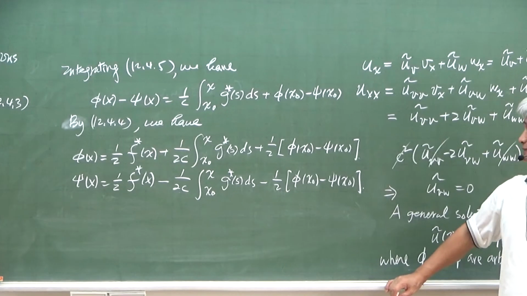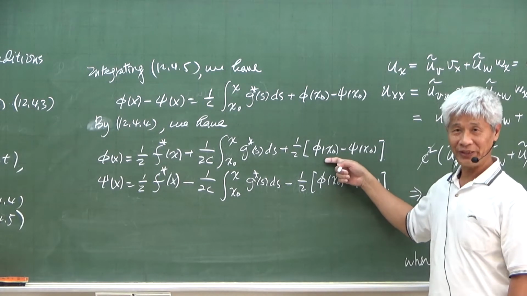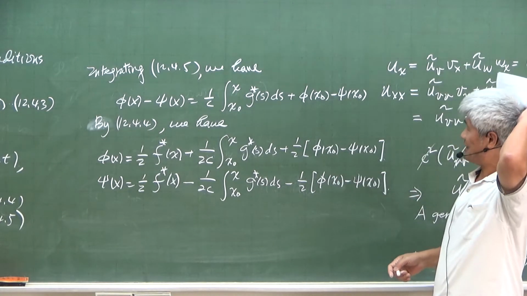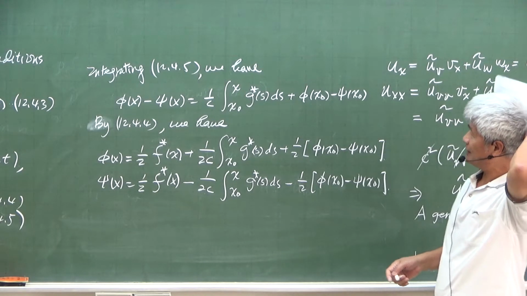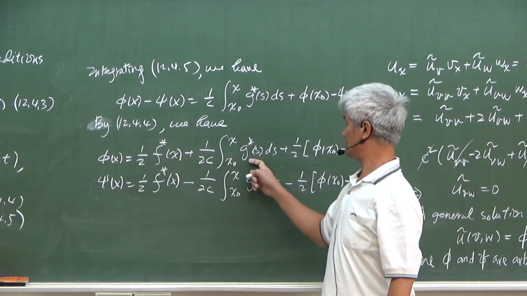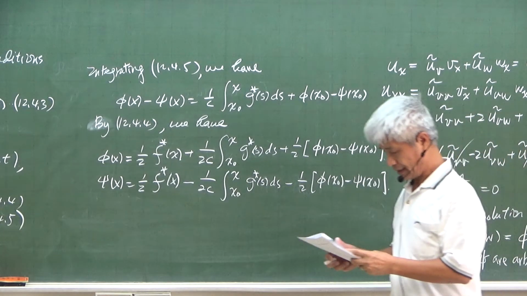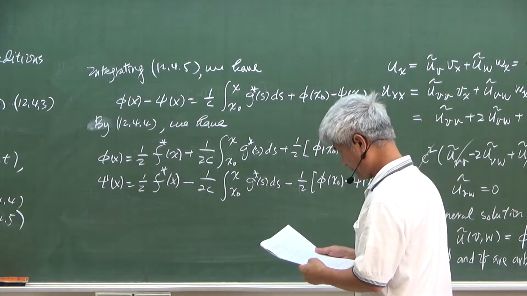But interesting, we have something left over. It seems that we cannot determine phi and psi yet, even though we know f star and g star, because of this constant. It seems like that.